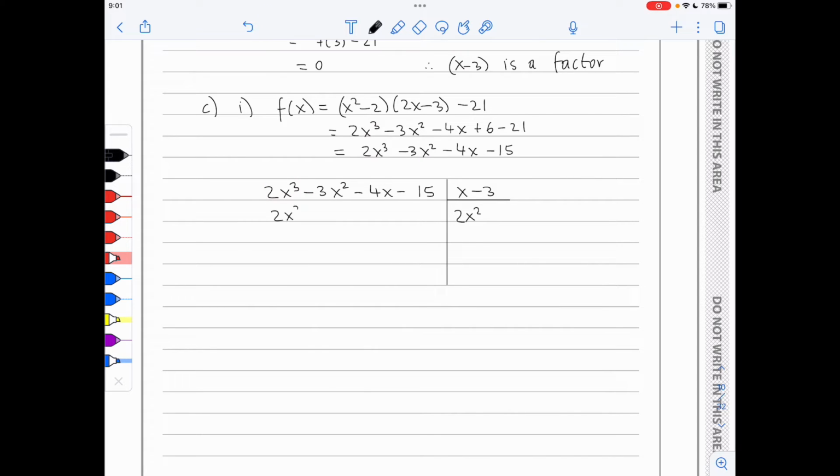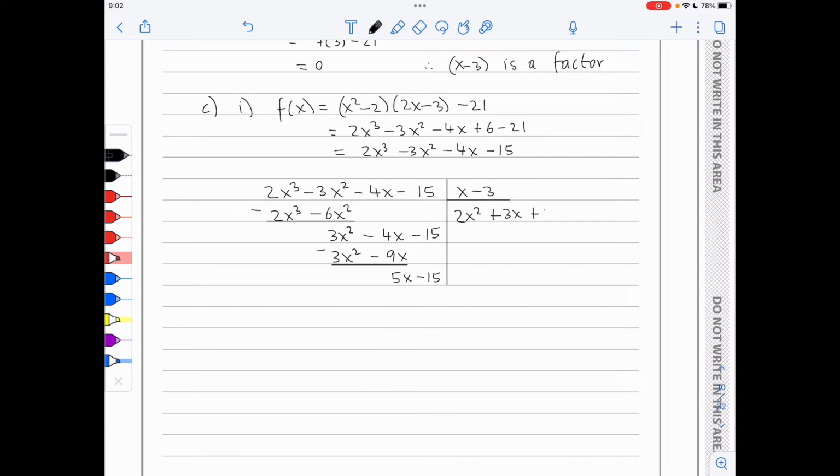So 2x cubed minus 6x squared. I subtract. I get 3x squared minus 4x minus 15. So plus 3x now to give me 3x squared minus 9x. Once again I subtract. I get 5x minus 15.